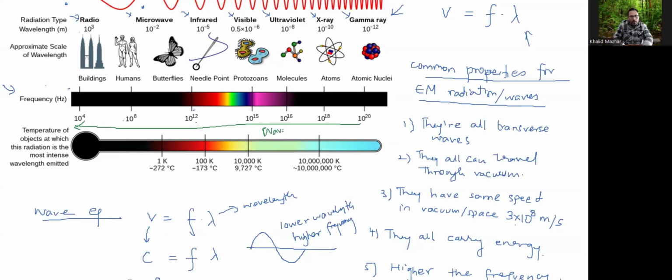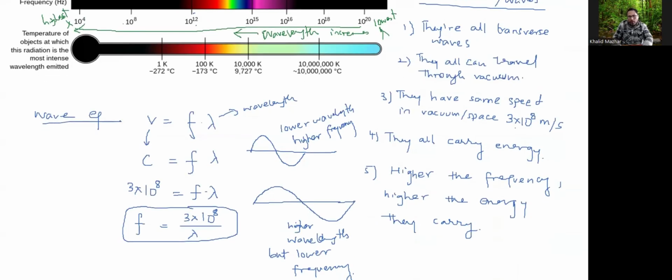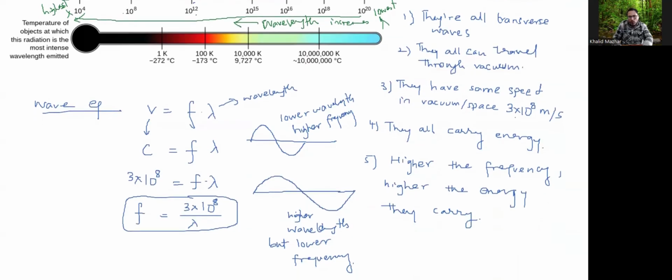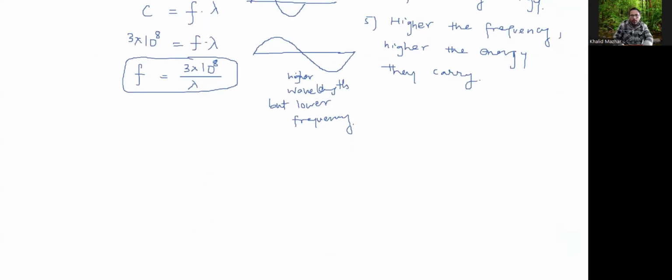So wavelength increases from lowest wavelength, lambda means wavelength, to highest wavelength. So that's what we need to know about the electromagnetic radiation.